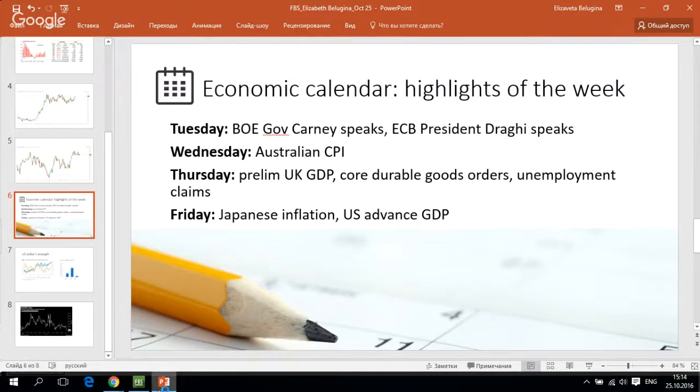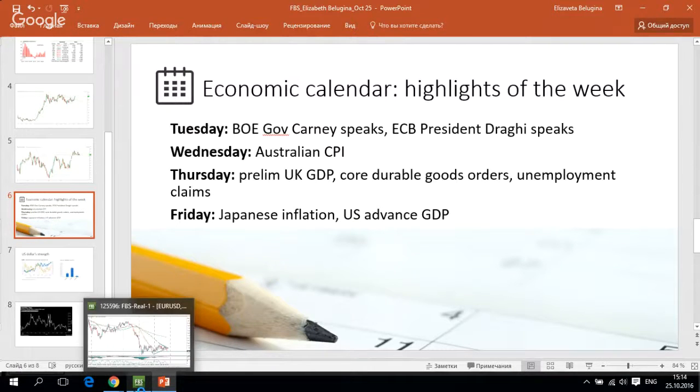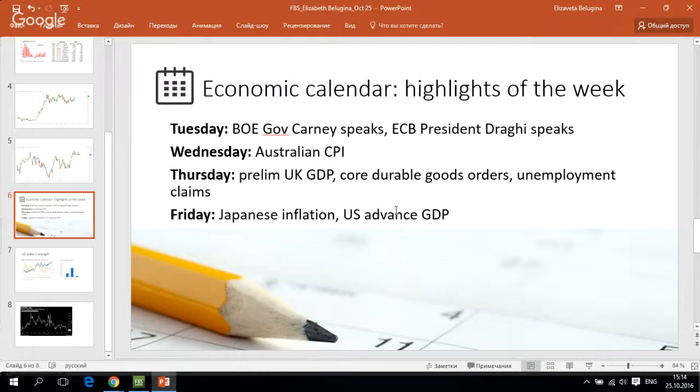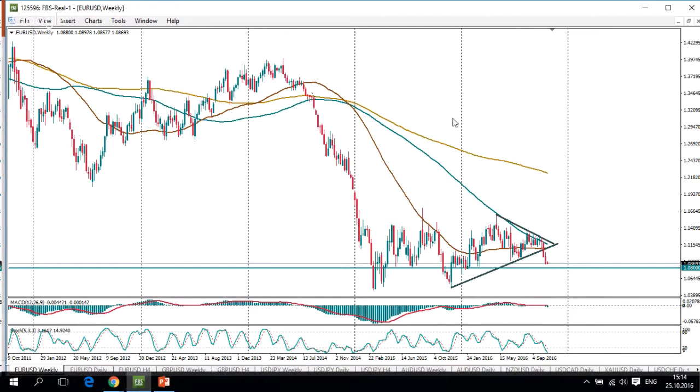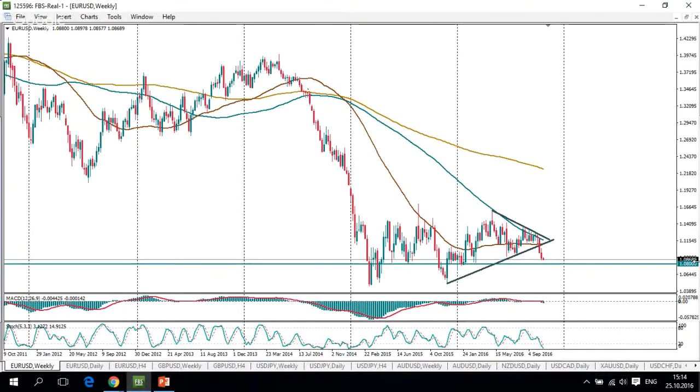So let's now turn to the currency charts, and we'll be discussing the picture, the technical situation for the main Forex major pairs, together with fundamental factors in relation to each of the currencies in question. As usual, we start with euro dollar.